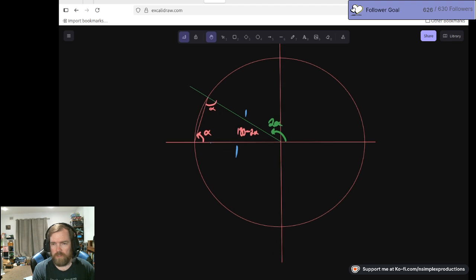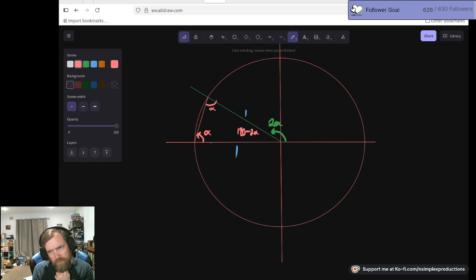Okay, so with 2 alpha, now we've got here all of our, excuse me. So if we have alpha on those 2 locations, we have 1 there. 180 minus 2 alpha is our other angle.